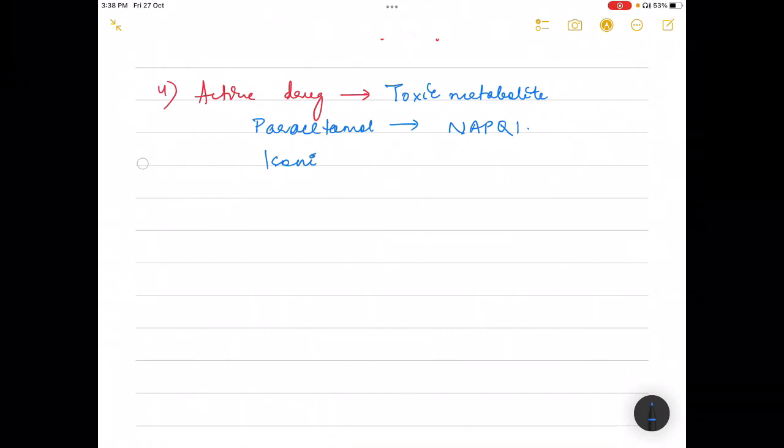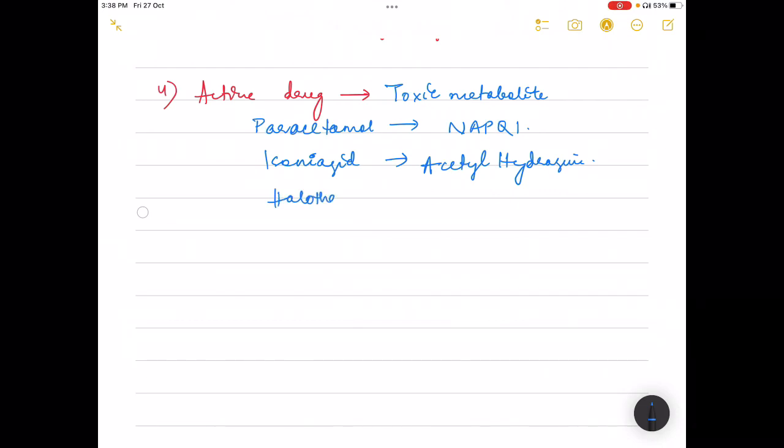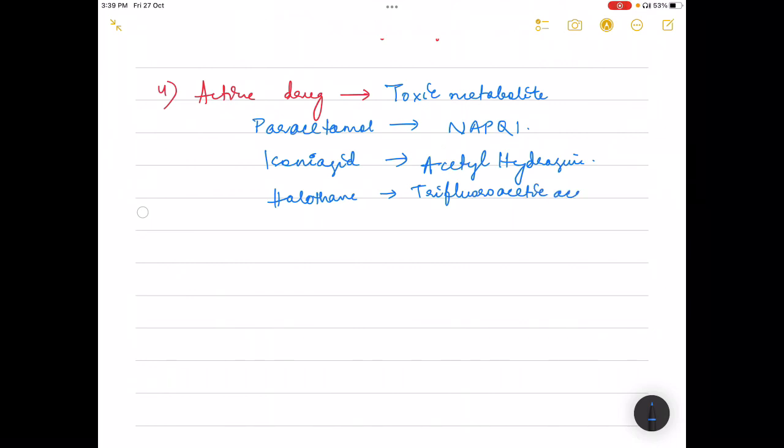Then isoniazid is converted into acetyl hydrazine. Halothane is converted into trifluoroacetic acid. Okay.